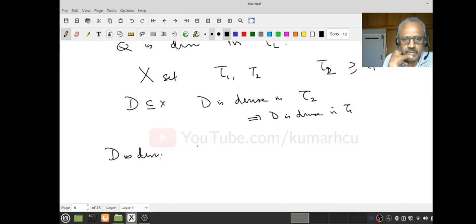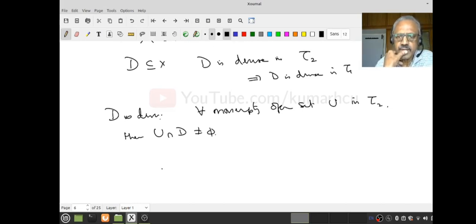Give me any non-empty open set U in tau 2, then U intersection D is not empty. This is the definition of D being dense in X, tau 2.